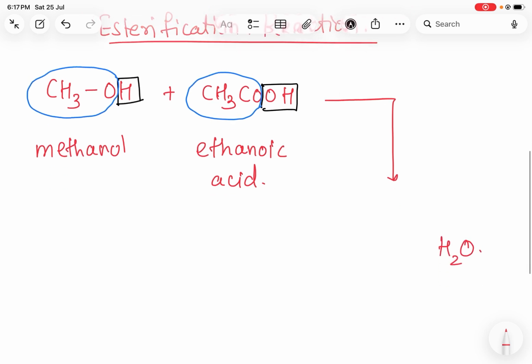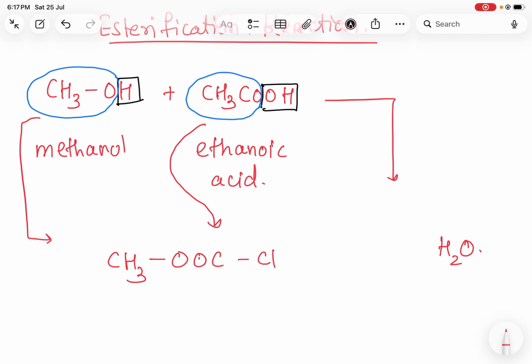I'll copy this down here, which is CH3O. And this also I will copy down here, but I'm going to flip the structure and write it backwards, which is O, C and CH3. So this is our ester functional group, which is COO.